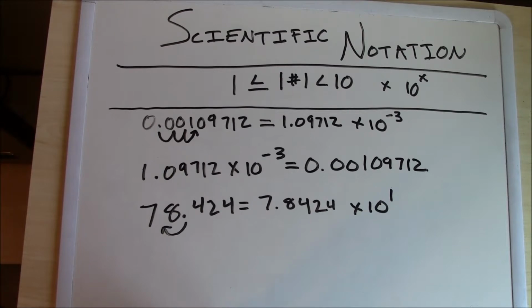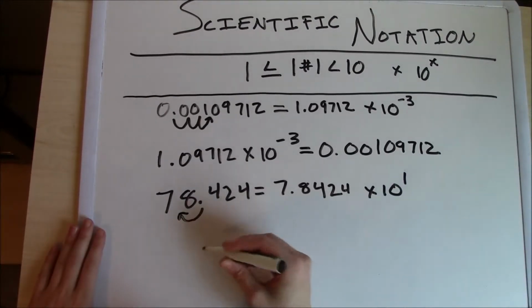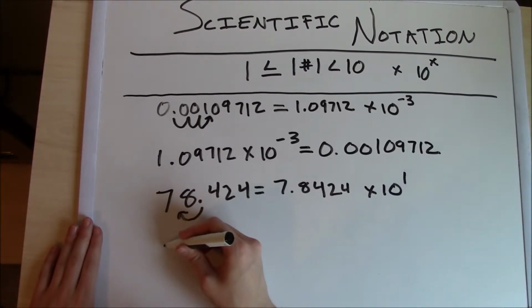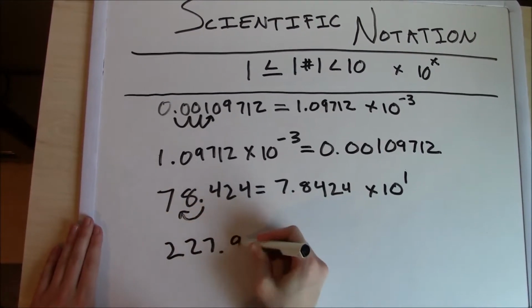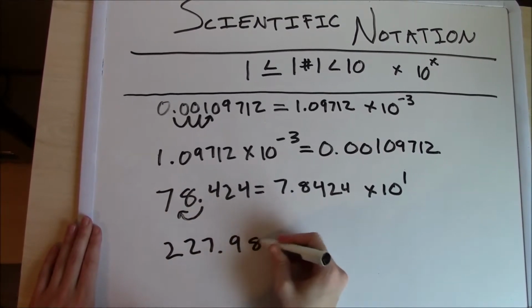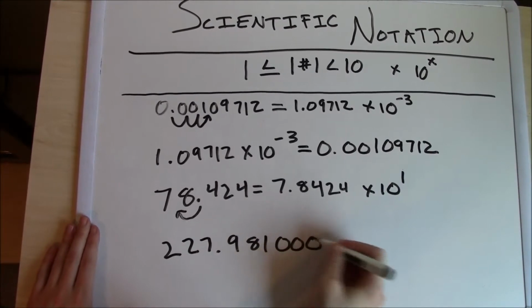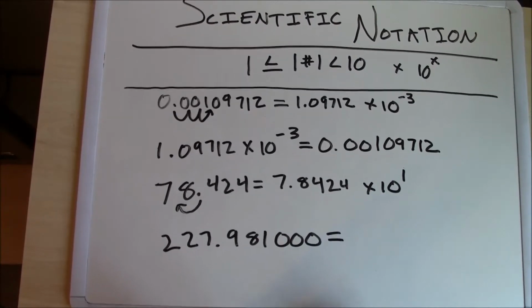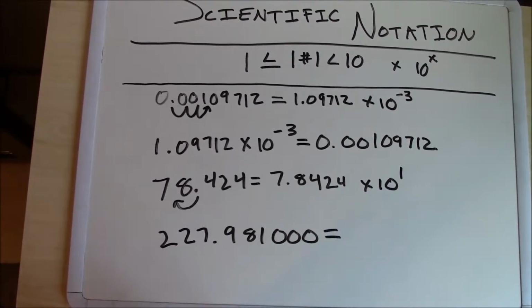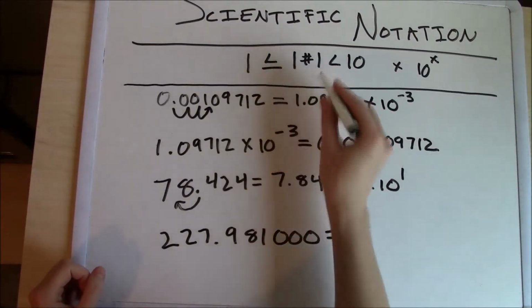So let's do one more problem. Let's do 227.981000. We want to make this number between 1 and 10.